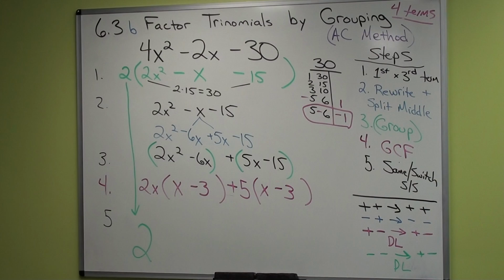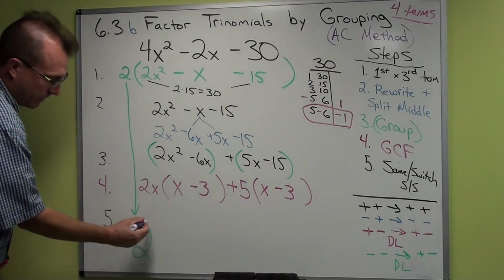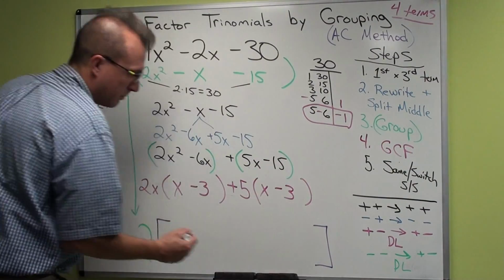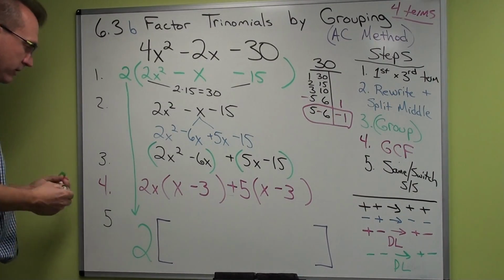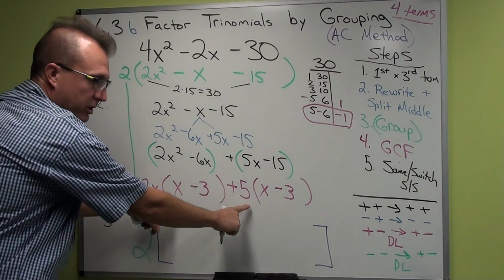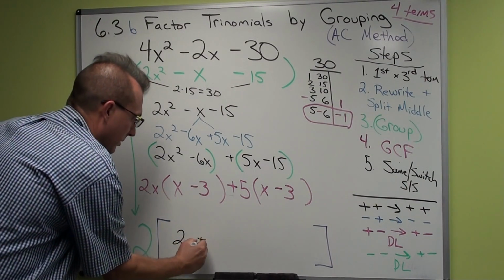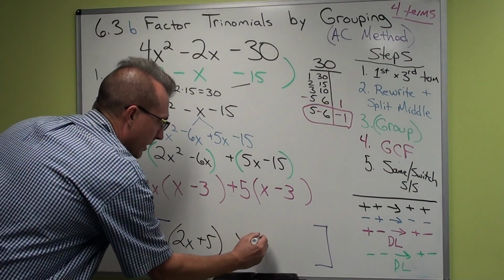Alright, here's the part that can get tricky sometimes. You have a greatest common factor here, so you have to put in brackets. They have to be separated. So when I do my same switch here, you're going to have 2x plus 5 and x minus 3.